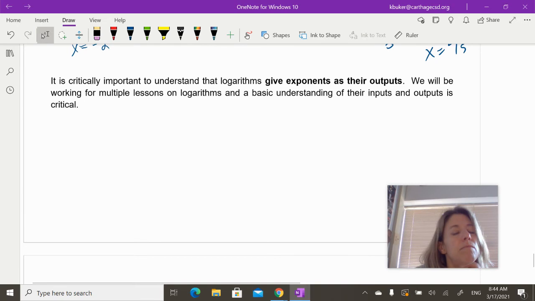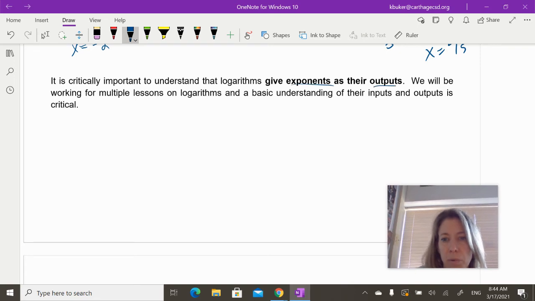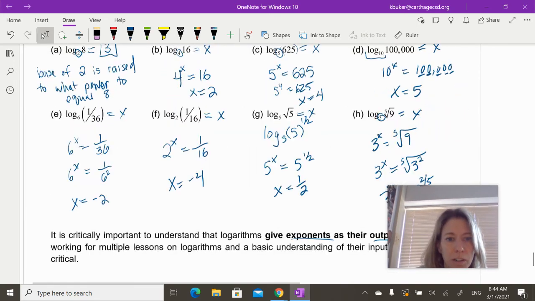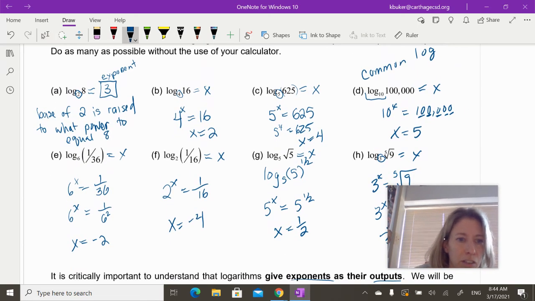All right. It's critically important to understand that logs give exponents as their outputs. Everything we just solved for, right? This 3 represented an exponent of an exponential. This 2 represented the exponent of the exponential. If I wanted to check this, I'm going to just check part B here.